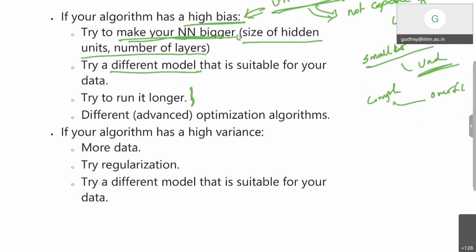Another thing that may help or may not help is to try it longer. If you have a monotonically decreasing cost function, then you may arrive at something, but after a long time.